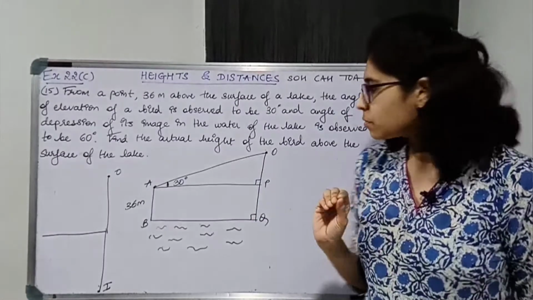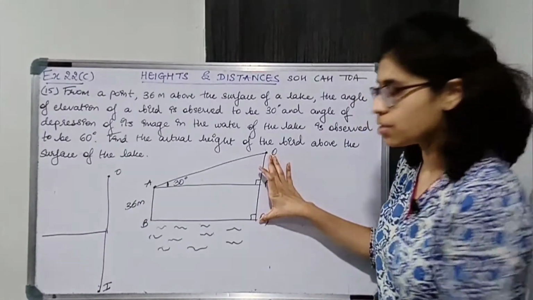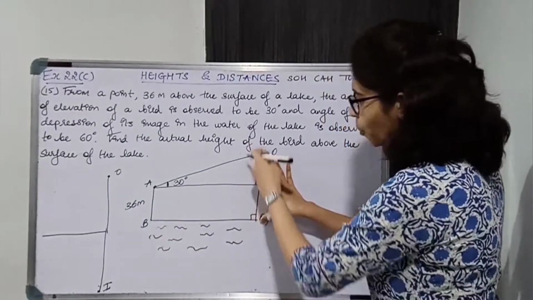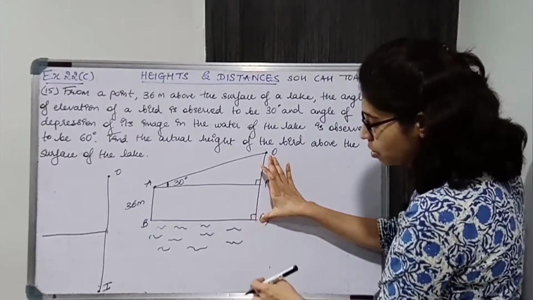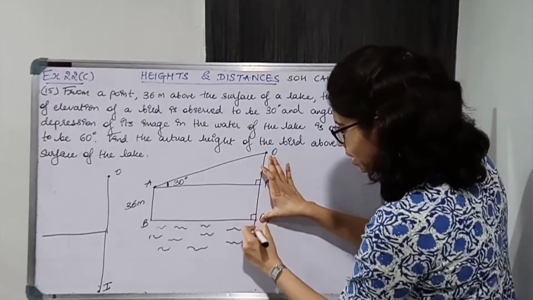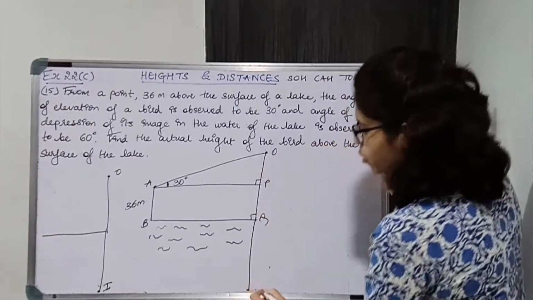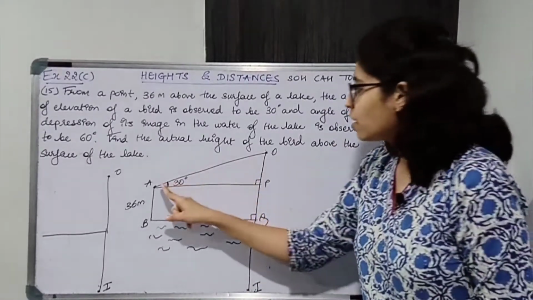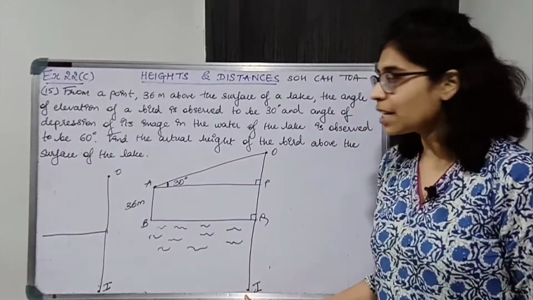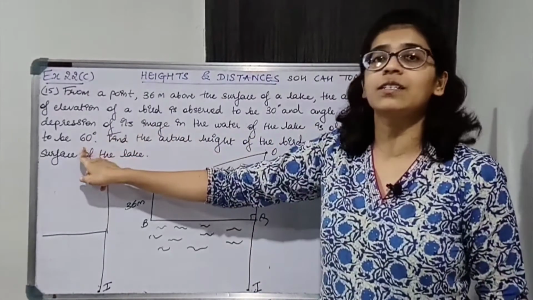Now the bird is over here, the lake is over here, the surface of the lake. So this is the object's distance, the bird's distance from the lake. Now its image is being formed below. So from here, going straight, the image is being formed over here. Let's name this point as I. Now when you are observing the image inside the water, the angle of depression of the image in the water is observed to be 60 degrees.